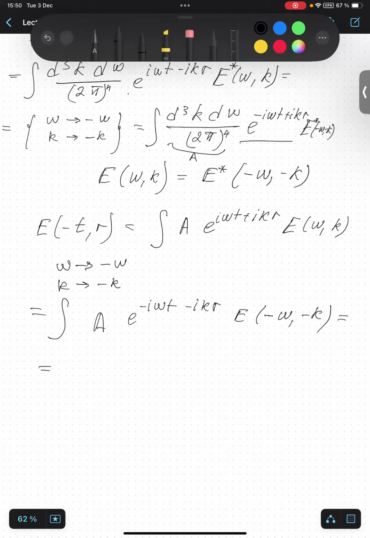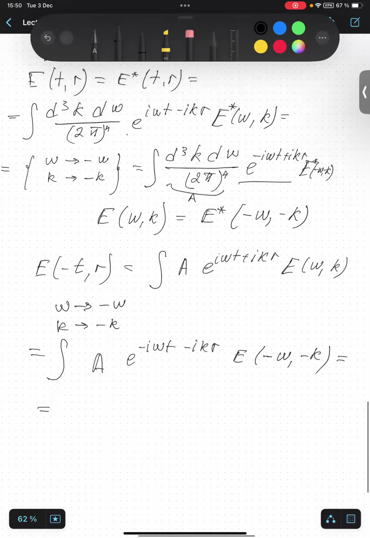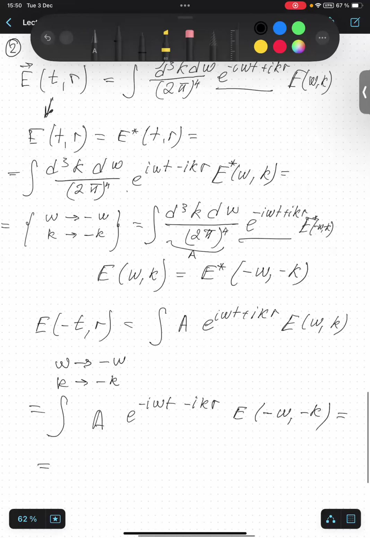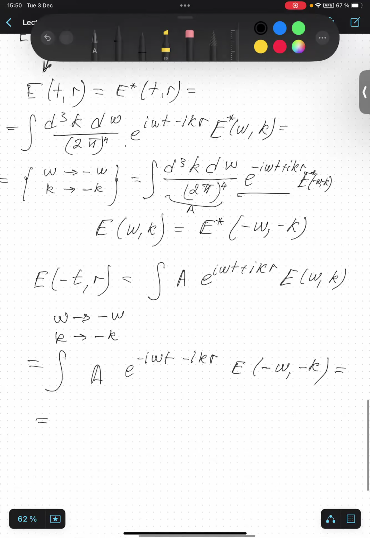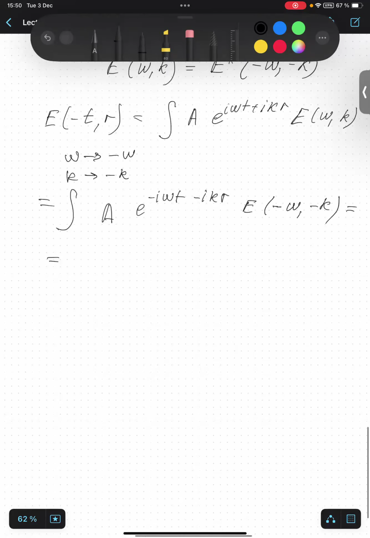On the other hand, we know already that it is the same as here, almost the same. I will rewrite it: a e^(-iωt - ikr).